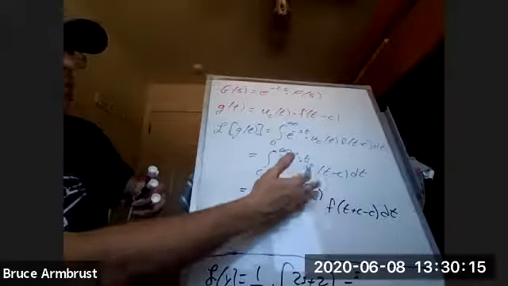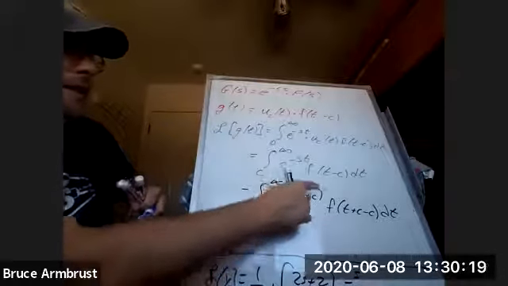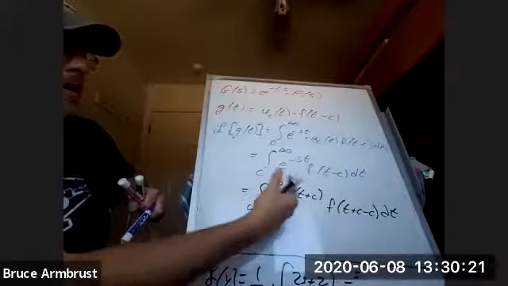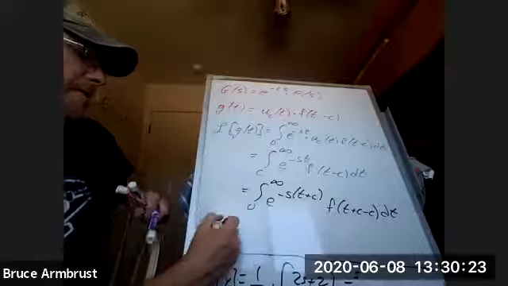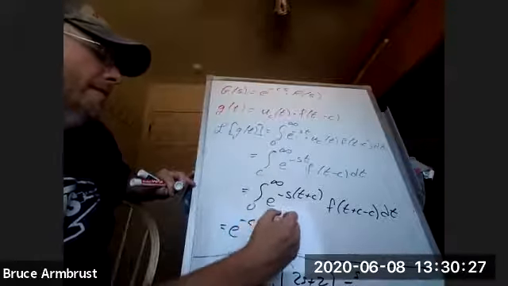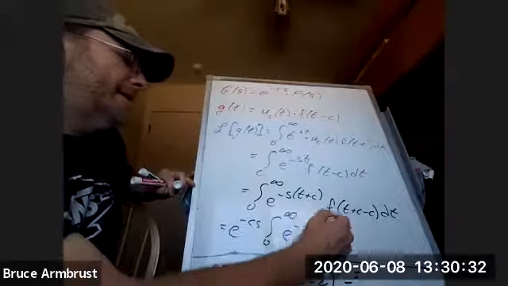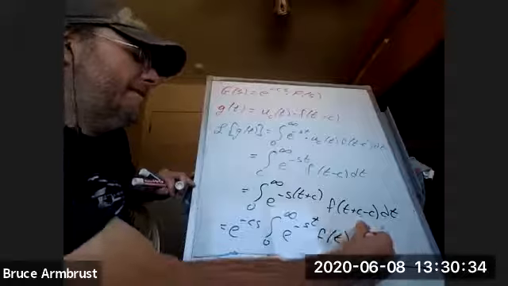And then again, by rules of exponents, I get e to the minus st minus sc. That can come out front as a multiple. So I get e to the minus cs times the integral from 0 to infinity of e to the minus st f of t.